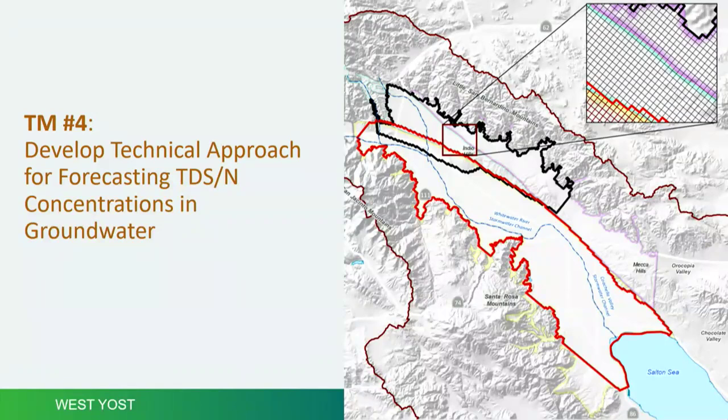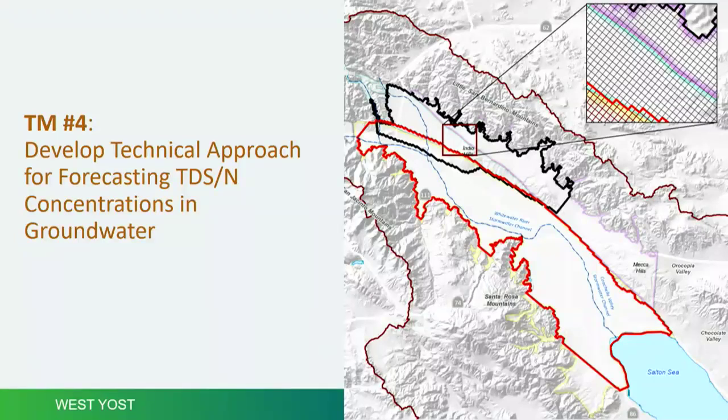And what we intend to do is use these models for the groundwater flow simulation and then build our water quality simulation tools on top of these groundwater flow models. And that's how we intend to simulate TDS and nitrate loading and concentrations in groundwater over time.